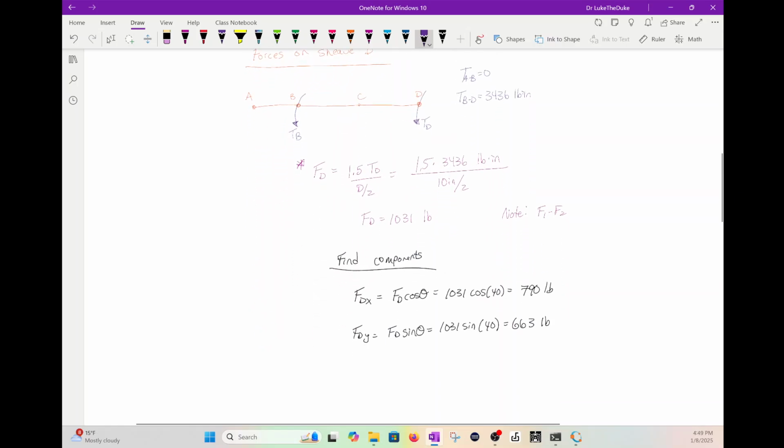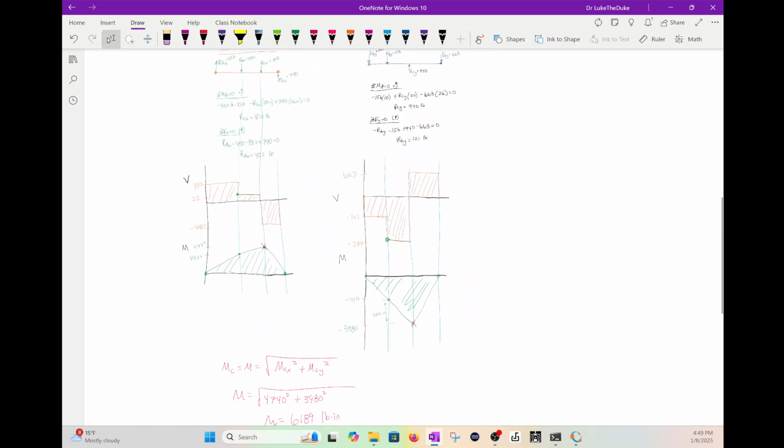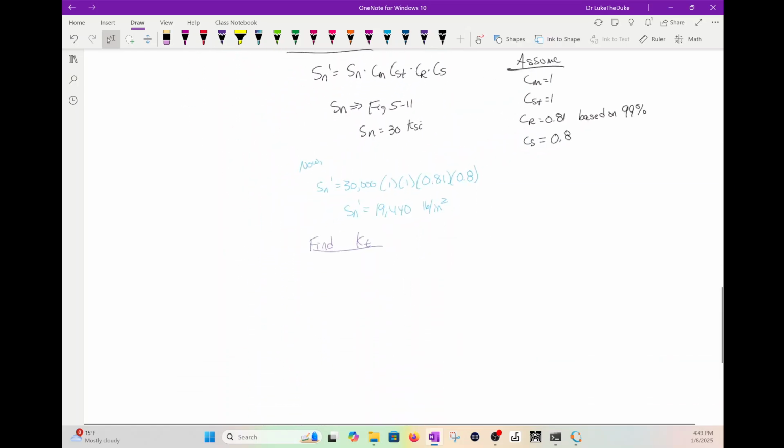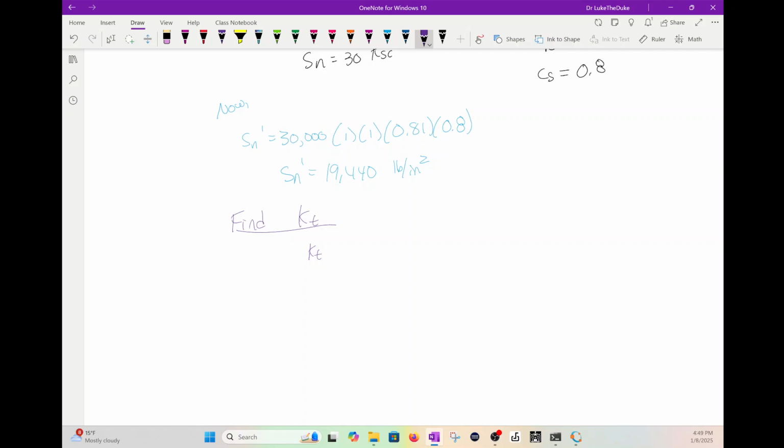And you need those radiuses. However, we're going to assume in this particular problem a KT of 2.5, kind of on the high side. Okay, and you can change that to see what that effect does. All right, but let's pretend that we got a high stress concentration value, which will actually make a bigger diameter.